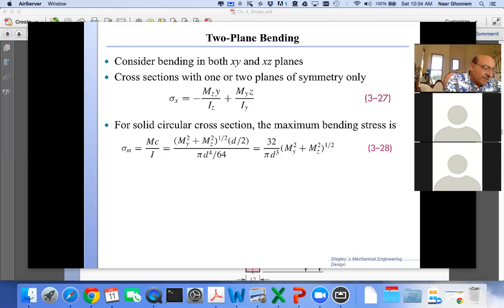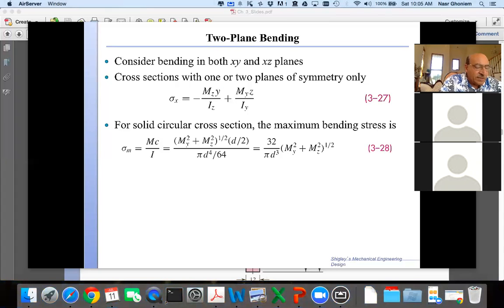This M here is the resultant, and the resultant, using the Pythagorean theorem, is the square root of the sum of the squares. So it becomes quite straightforward, and we just use formula 328. These are general comments on bending stresses.